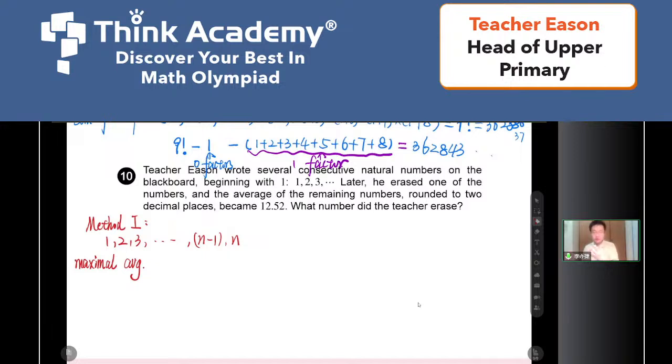If we remove the smallest number, which is 1, then the average of the remaining numbers should be the maximum, right? In this case, the average of an arithmetic sequence is just the average of the first and last term. So this is the maximal average possible.